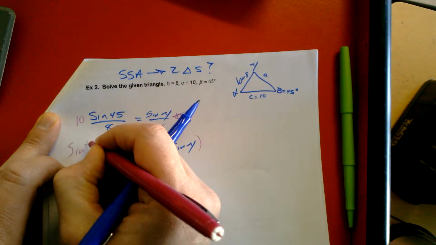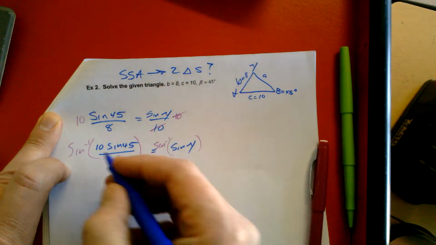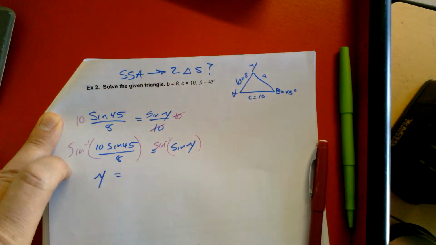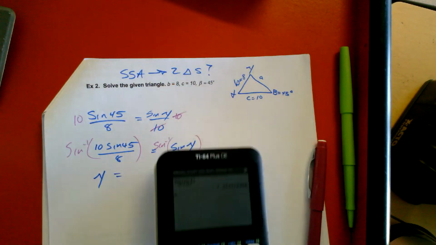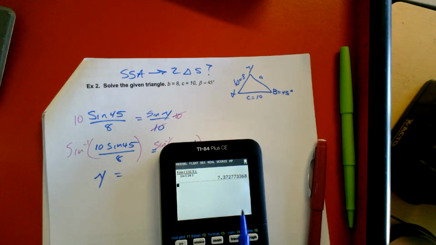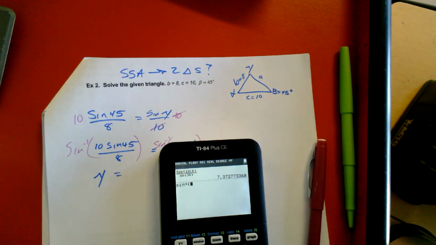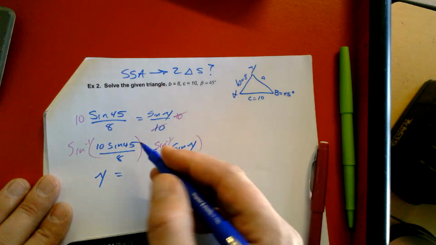Boom. And this gives me gamma. Inverse sine, here's my little fraction. I got 10, I got sine of 45, and that's all over 8. And there we go, I got about 62.1.